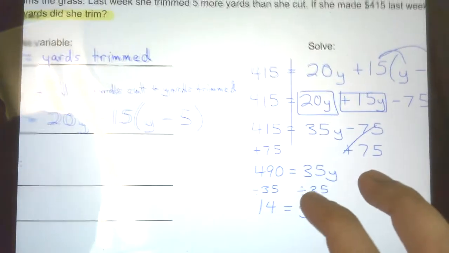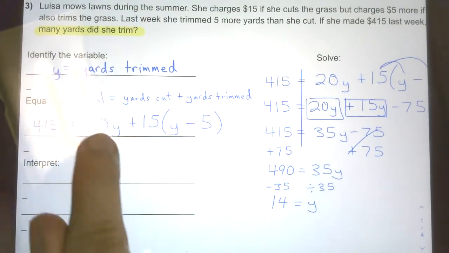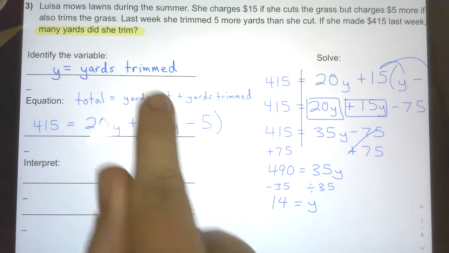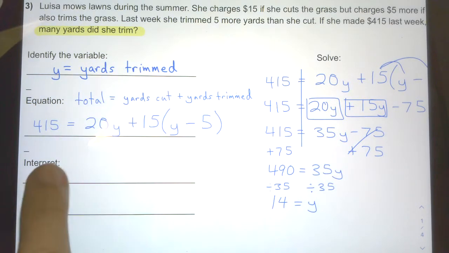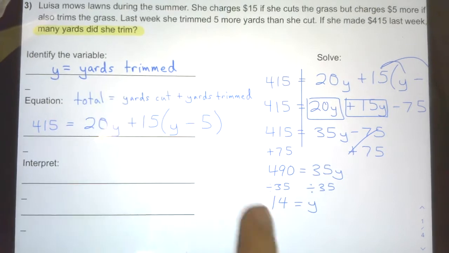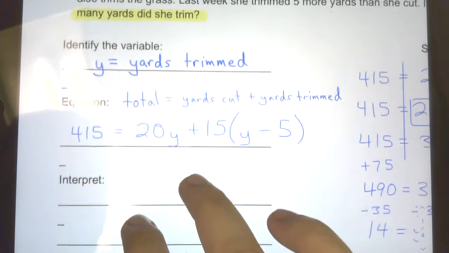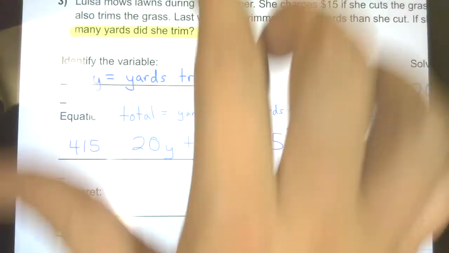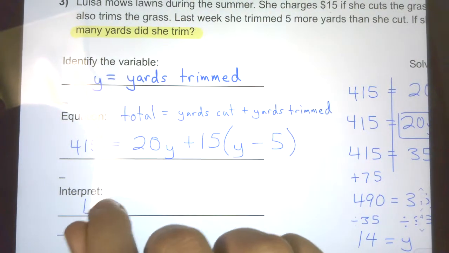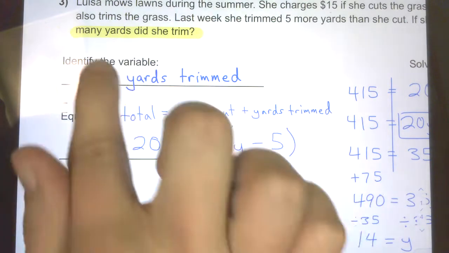Now, kind of looking back at this, my y is yards trimmed. Y is yards trimmed. Y is 14. So in my interpretation, you just kind of connect the two. Okay? So what's her name? Louisa? No. There we go. Louisa. We're looking for the yards trimmed.